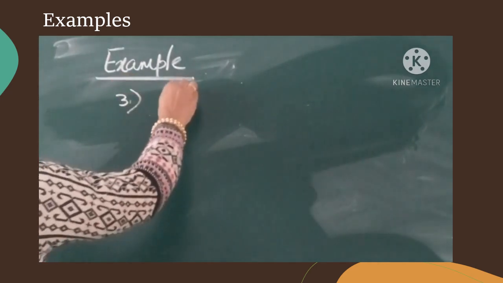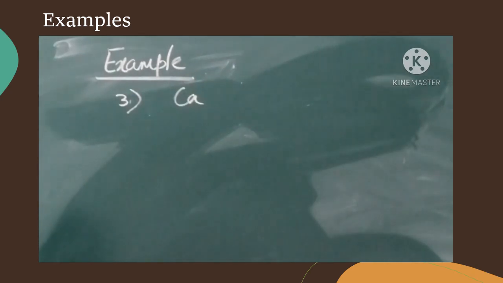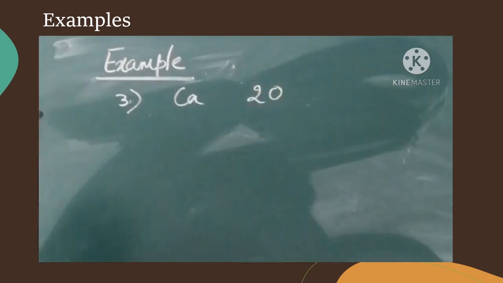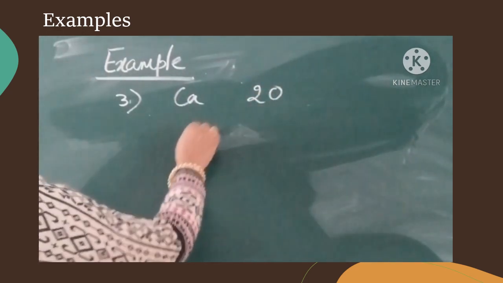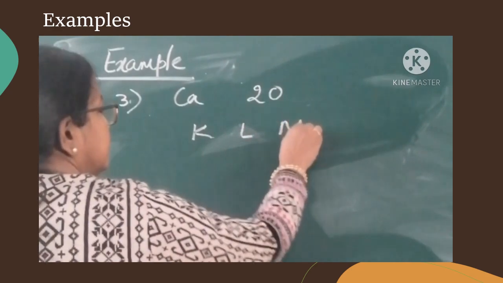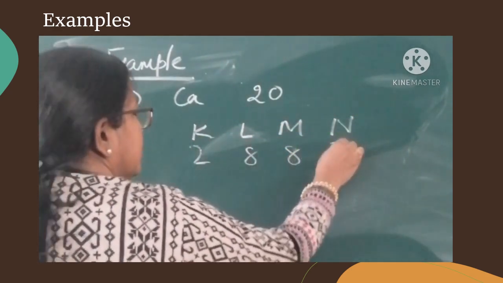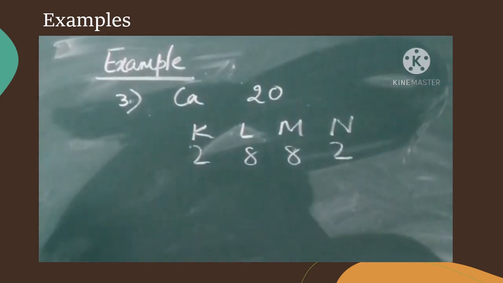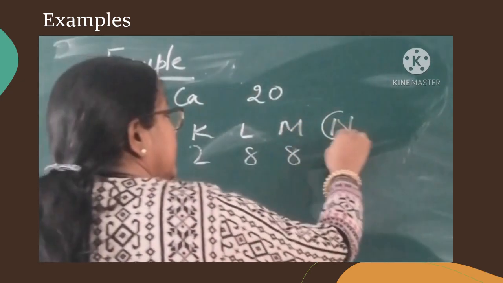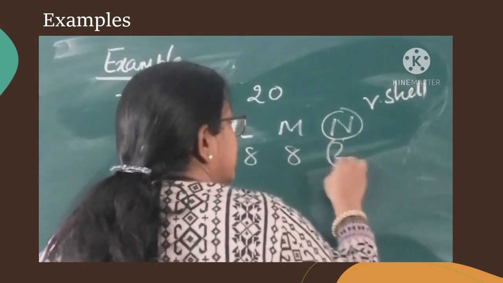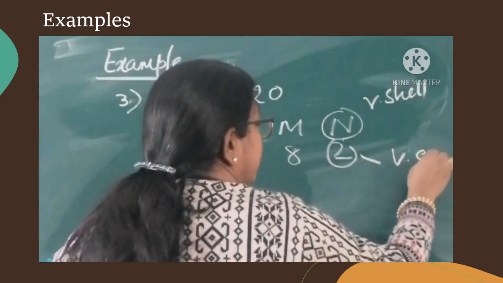Third example, find the position of calcium in the periodic table. The atomic number of calcium is 20 and hence the electronic configuration is 2, 8, 8, 2. That means N is the valence shell and the valence electron is 2.